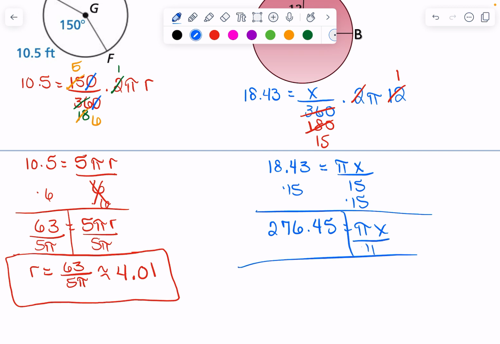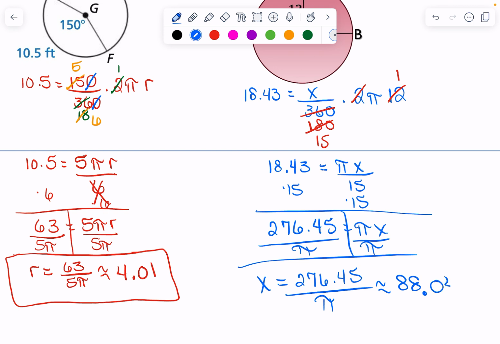My last step is I'm going to divide that by pi. So my final answer, my exact answer is 276.45 over pi. And then we take that and we punch it in, 276.45 divided by 3.14. And we end up with an approximate of 88.04. And that is how we find arc length and circumference.